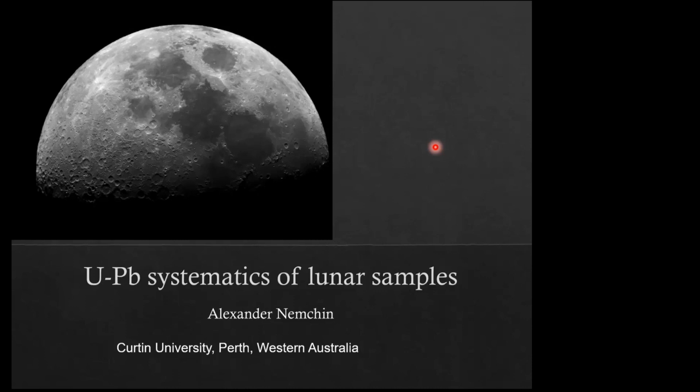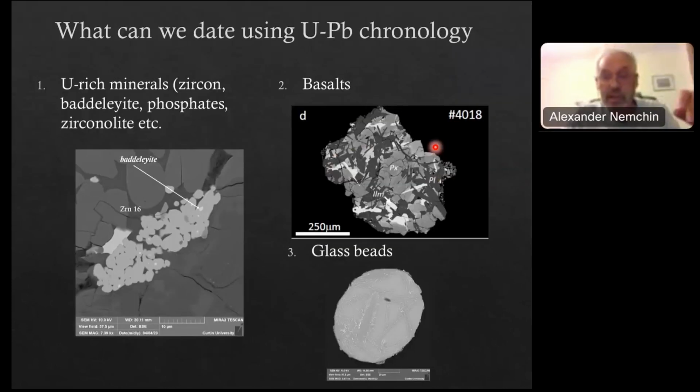Okay, let's go straight into it. Considering the big plans of our group to work with samples, I would like to talk a little bit about what can be done with the U-Pb chronology and U-Pb method.